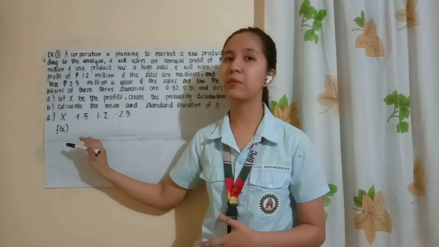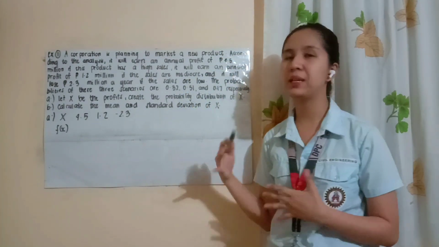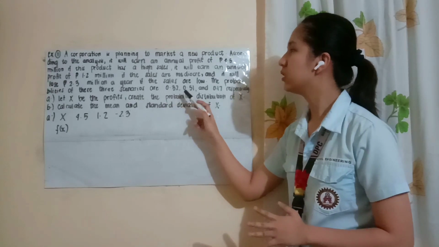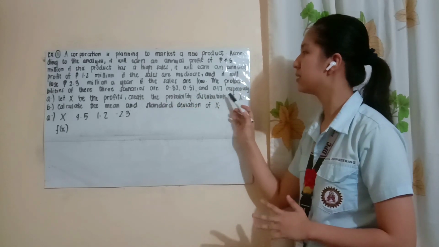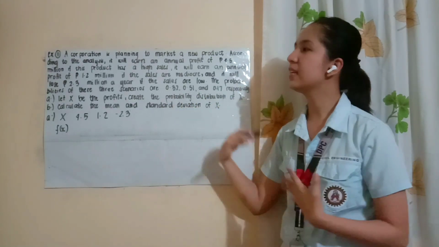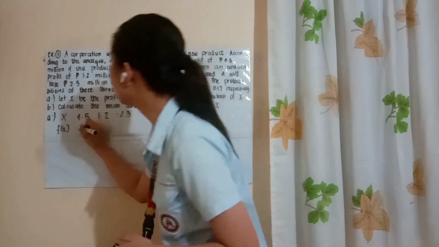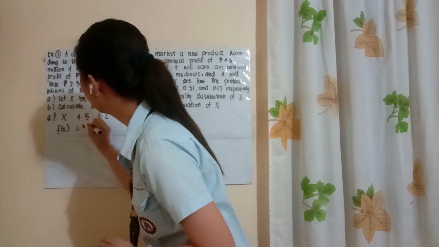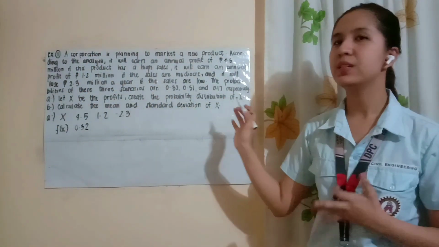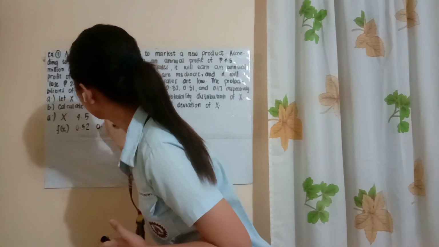For the next one, we will get their corresponding probabilities. Since this problem already gives the probabilities, which are 0.32, 0.51, and 0.17 respectively, we put them in our probability distribution. First we have 0.32. Next, we have 0.51. And last, we have 0.17.